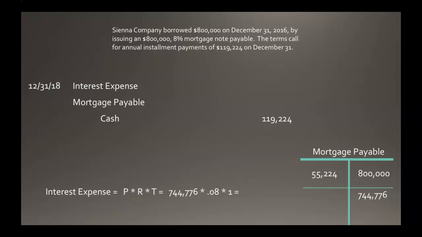So we take our $744,776 times 0.08. Our interest rate is still 8%, times 1 for 1 year. You multiply that out and you see that the interest expense is $59,582. So we can throw that into our entry as our debit for interest expense.